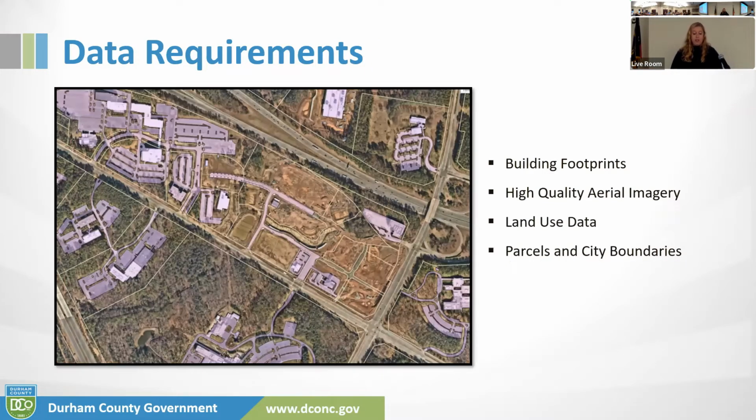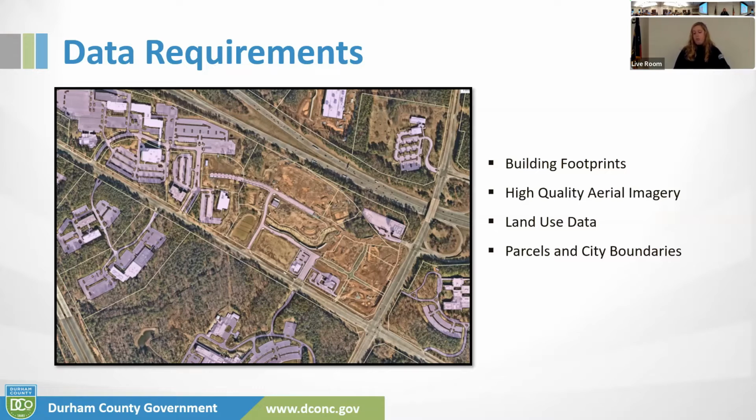To get started, this was what we were looking for in terms of data. When it comes to utility fees, we want to be respectful of our citizens and their funds, so it's extra important that our calculations are as accurate as possible. That means the accuracy of the GIS data is super important. We started off with building footprints. As mentioned throughout today, there's a statewide building footprint effort going on, and the City of Durham also has that, so that was a good place to start.